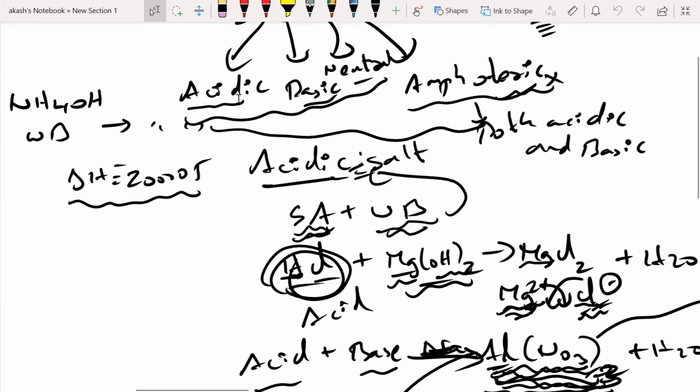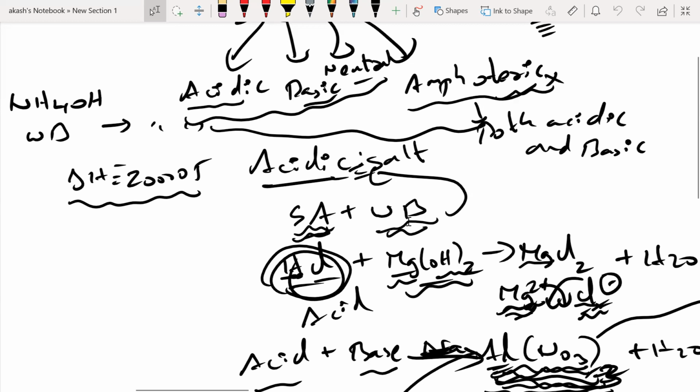For acidic and basic salts, all salts are formed through a neutralization reaction only, an acid plus base reaction. Depending on what acid you use and what base you use, you get the corresponding salt. If I have to get an acidic salt, I have to use a strong acid and a weak base, because one of them should be dominating and the other less dominating.